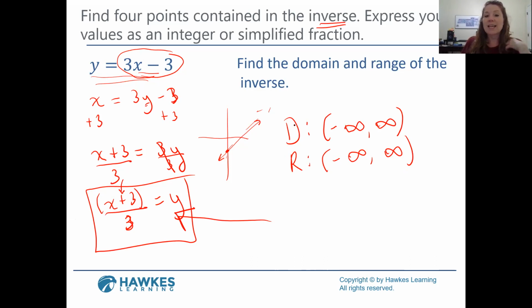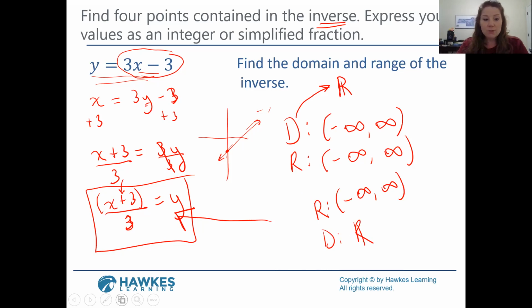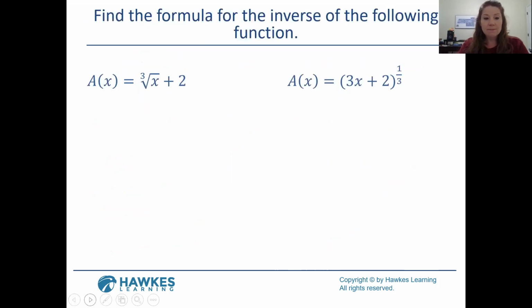But basically, I guess really a better definition for domain would be all real numbers. So if we found the inverse, we would say the range is negative infinity to positive infinity, and the domain is all real numbers. Those would be just the opposite of each other.